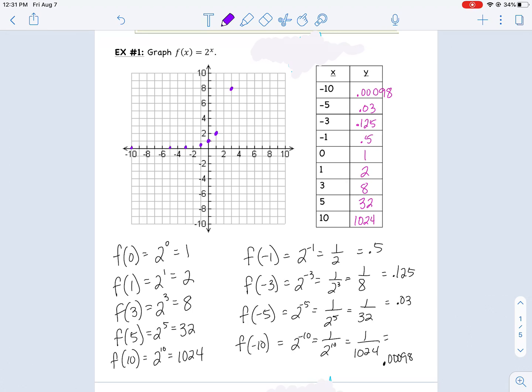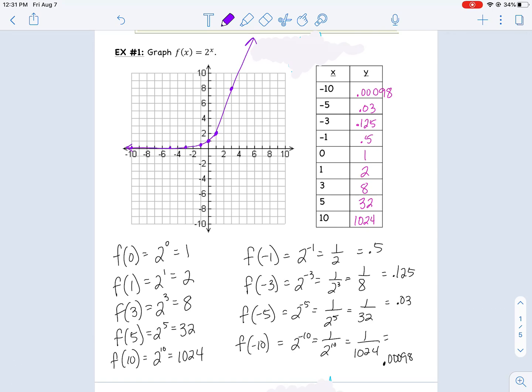You notice as we go more negative on the x, my graph approaches 0, right? And it's going to keep doing that and get really close to 0, getting smaller. But as I approach positive infinity, as my x gets bigger and bigger, what happens with my graph? Well, my graph shoots up really quickly, right?